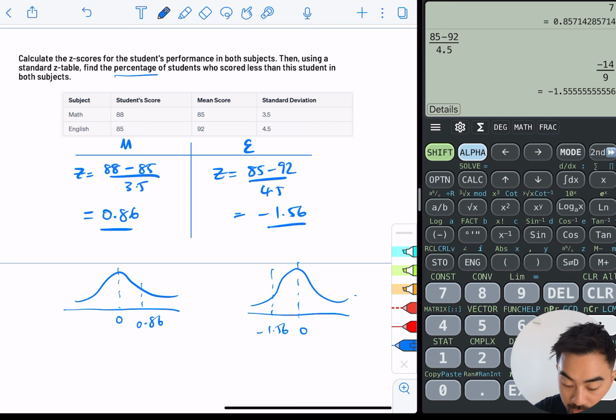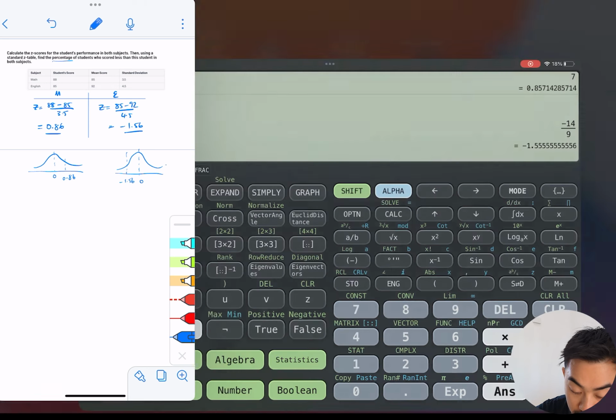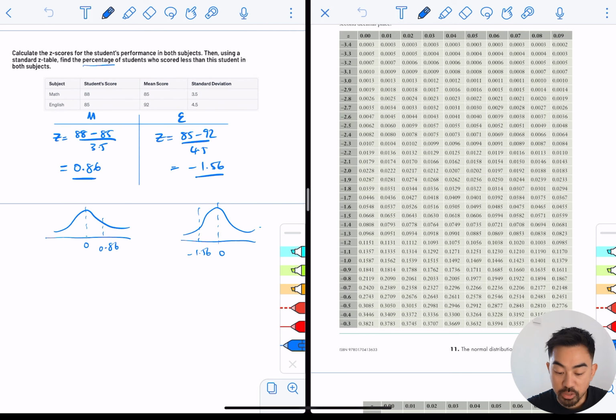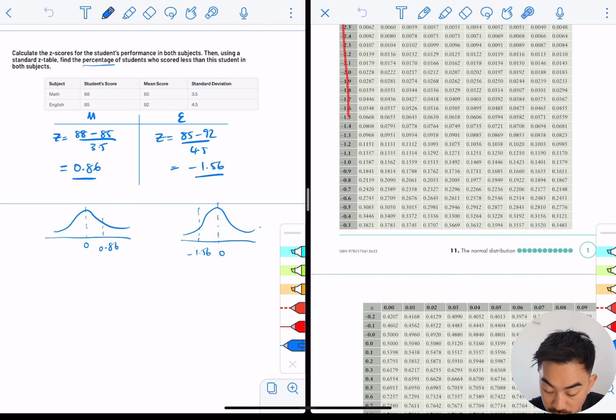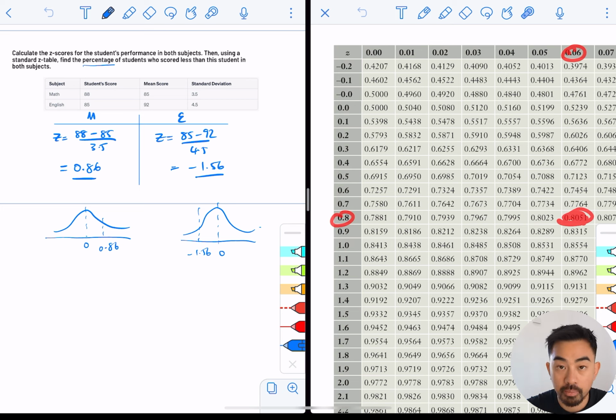Okay, so I will get up the z-score table. All right, so here's the z-score table. And first of all, I'm going to look for 0.86. So first of all, these are all negative values. So let's go all the way to 0.8. And I'm going to come across here. So 0.8's here, 0.06 is here. So 0.86 is going to be that number there.